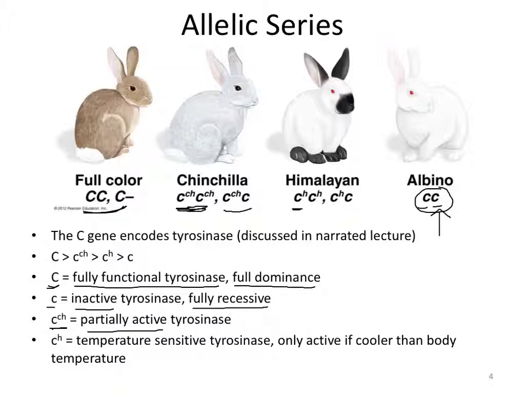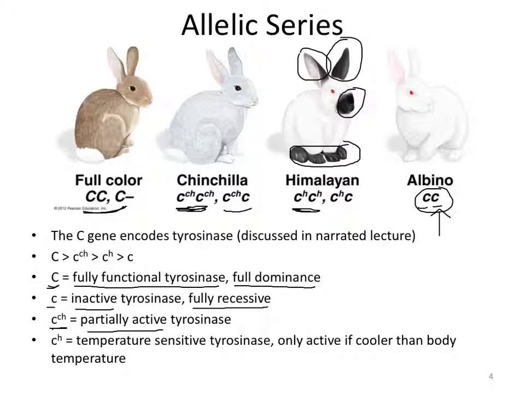The Himalayan allele, C^h, shown over here, is really interesting. It produces a temperature-sensitive tyrosinase, such that the tyrosinase is only active in the cooler areas of the body. A rabbit's ears, nose area, and little paws are the extremities, and so they are cooler than the other parts of the body.